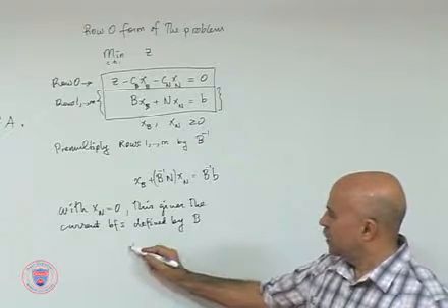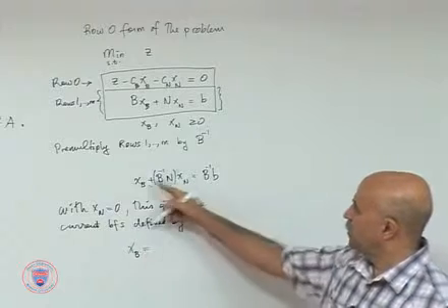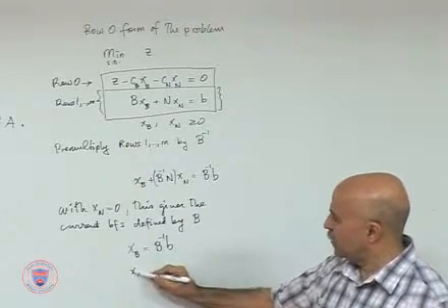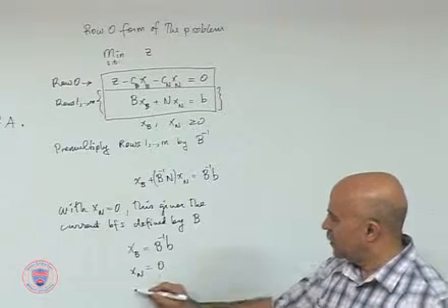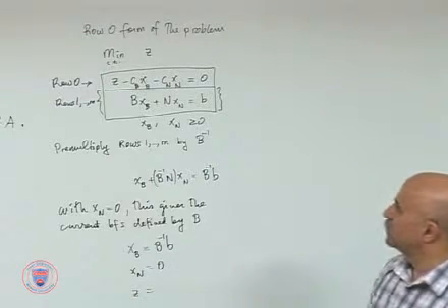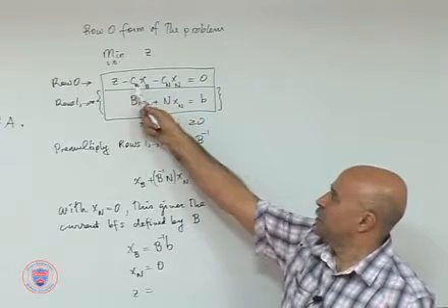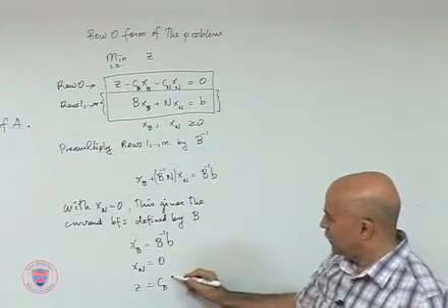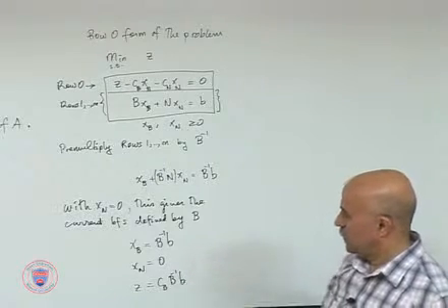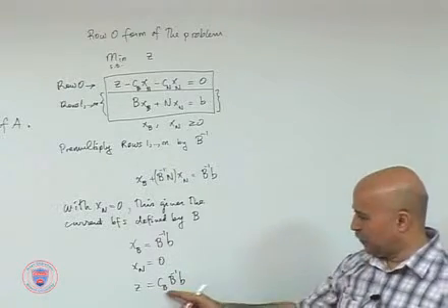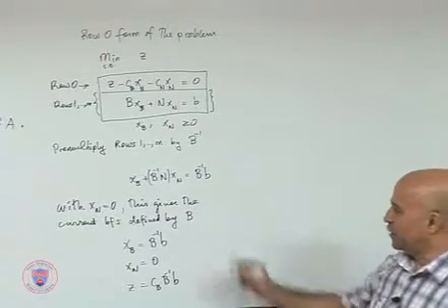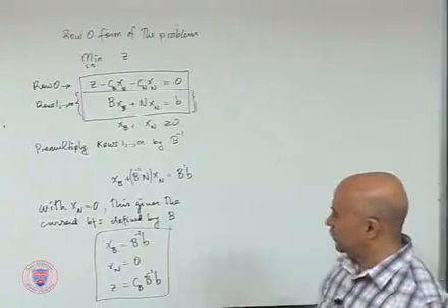It is x_B equals B inverse b, and x_N equals 0. And what is the objective function value? Well, x_N is 0, so it will be c_B times B inverse b. That's a number. Even though it looks very complicated here, it's just a number. Okay? All right, that's your current basic feasible solution.